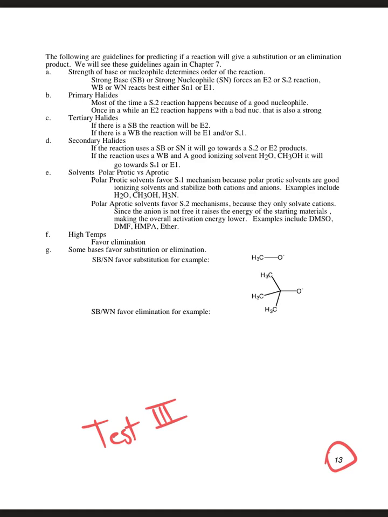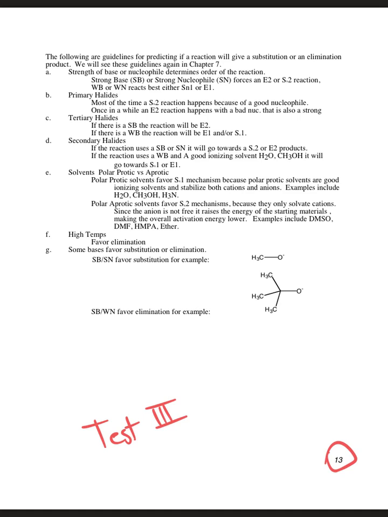This page gives us a rough guideline on how we can decide what type of reaction it is. You will see it multiple times as we go along. I've copied it a few times in both chapters 6 and 7, because it is so important to making sure we know, is it a substitution reaction or is it an elimination reaction? Right now we're down to they're all substitution reactions.